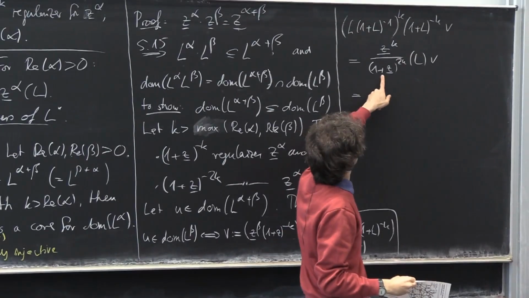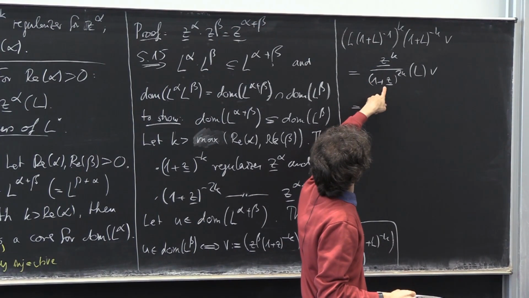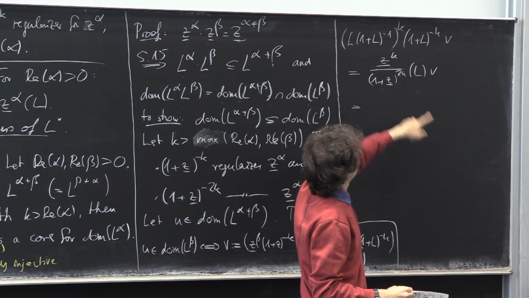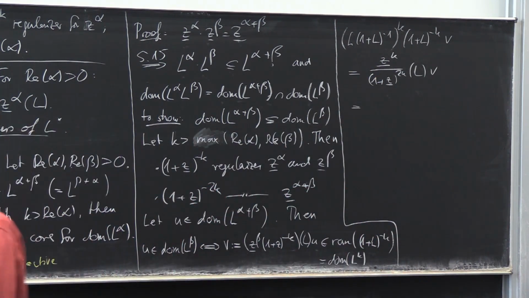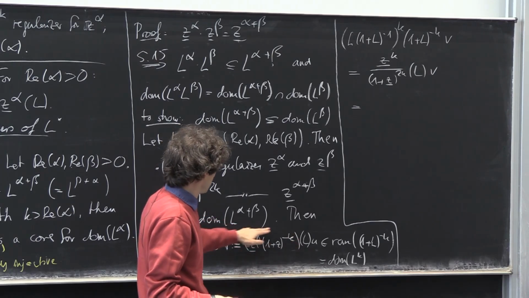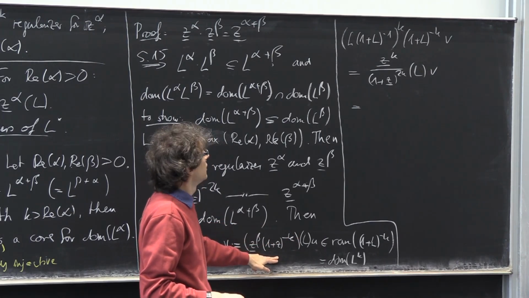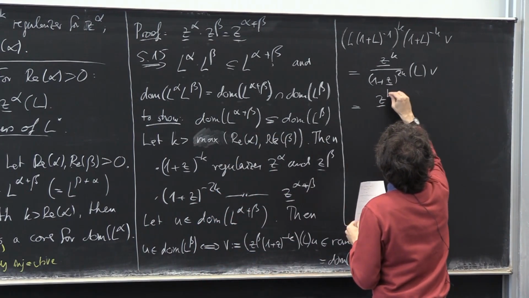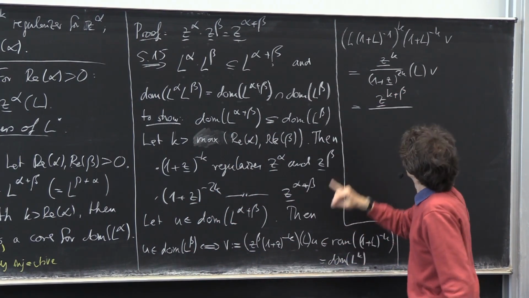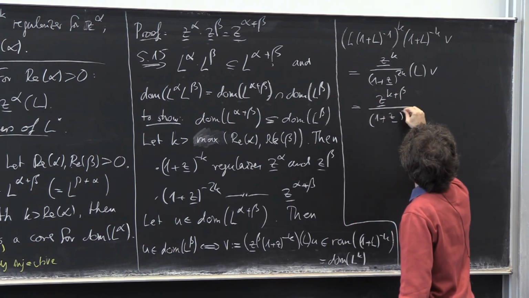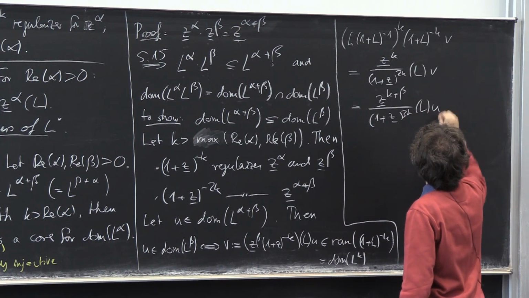This is an H0 infinity function. In 0 it has a decay like z to the k. In infinity it has a decay like 1 over z to the k. So it's an H0 infinity function. So just by the elementary calculus, if I multiply with this one, this is also an H0 infinity function. I can take these two functions together, and this gives me z to the k plus beta, and in the denominator I have 1 plus z to the 3k, of L applied to U.